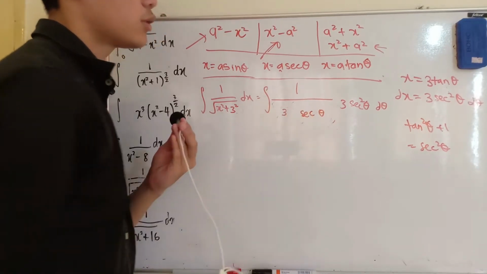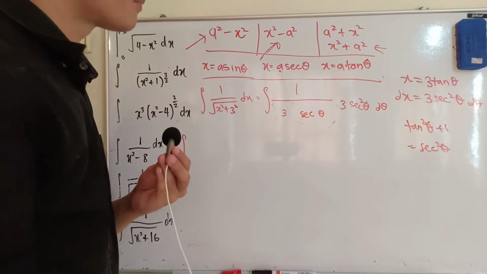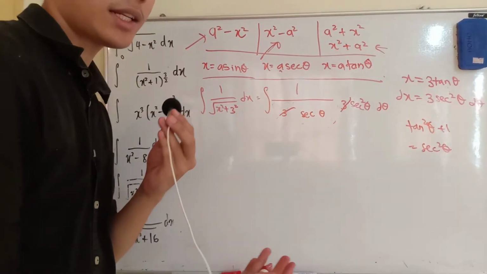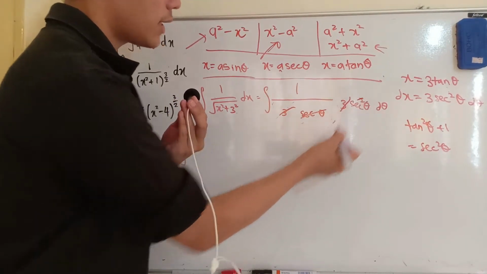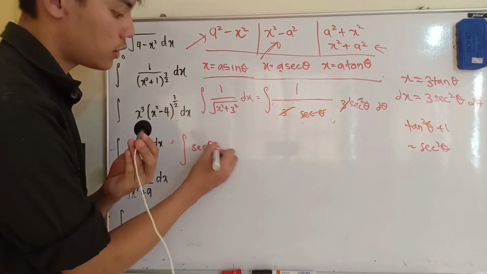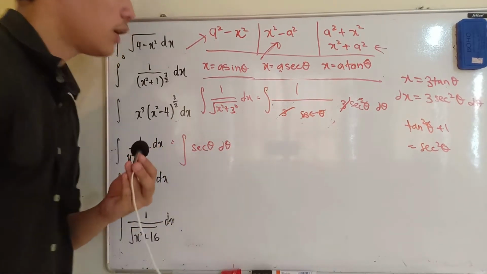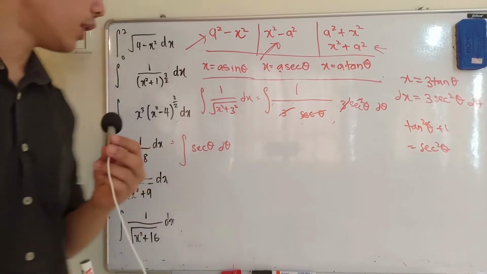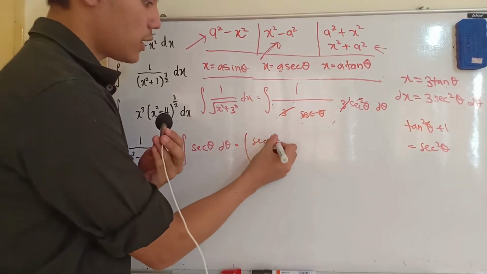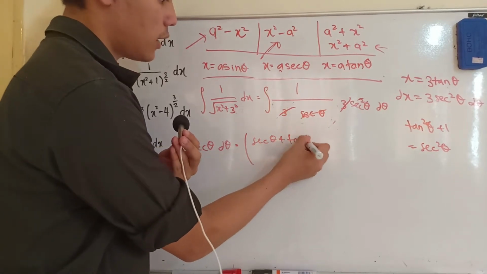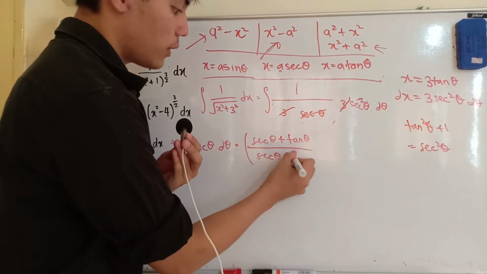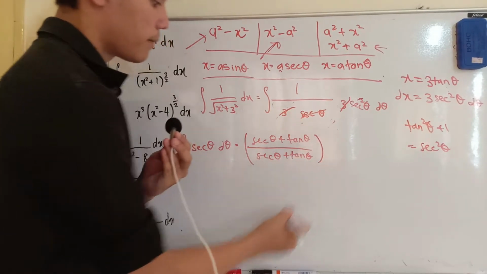So you can just cut the 3 and also cut the secant. What you're going to have over here is secant theta d theta. Like I said just now in the previous question, when you have only secant, you need to multiply with secant theta plus tangent theta over secant theta plus tangent theta.